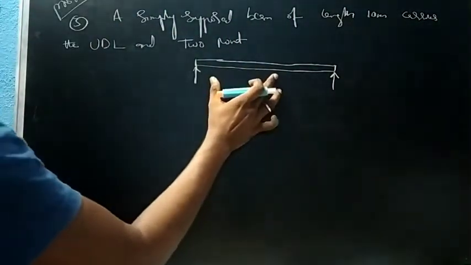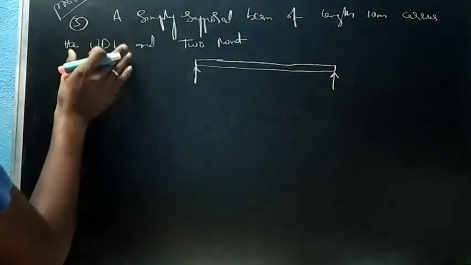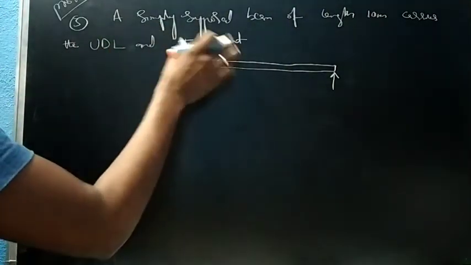So this simply supported beam is going to carry a uniformly distributed load and also 2 point loads.